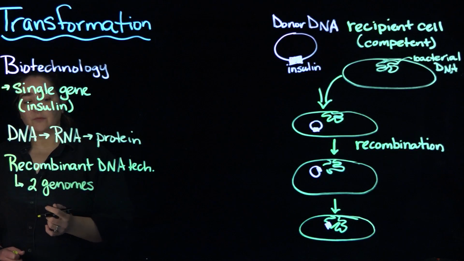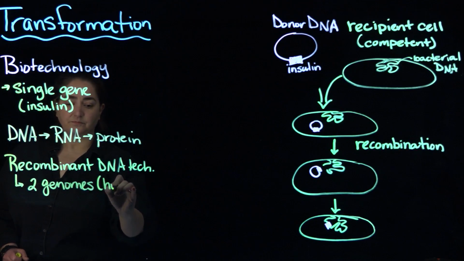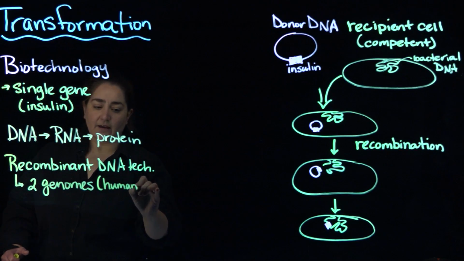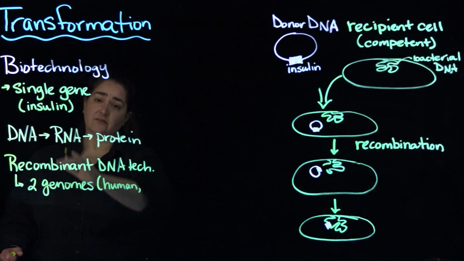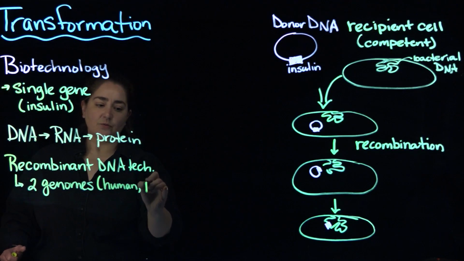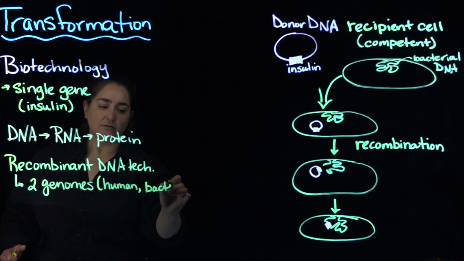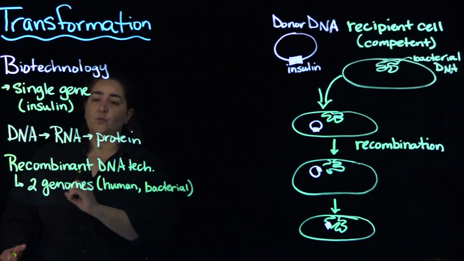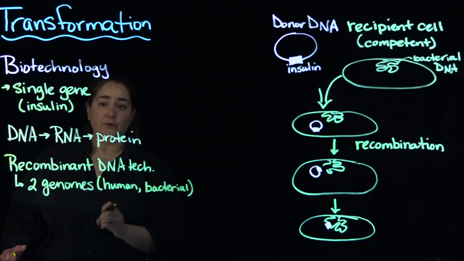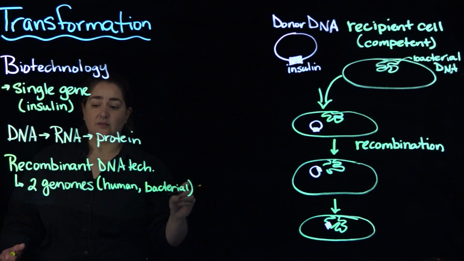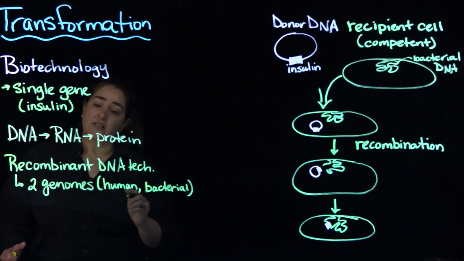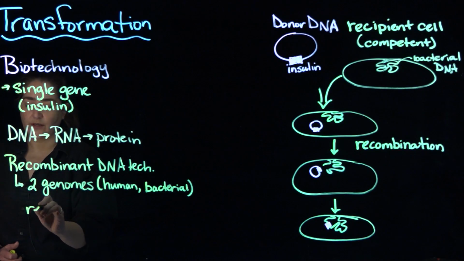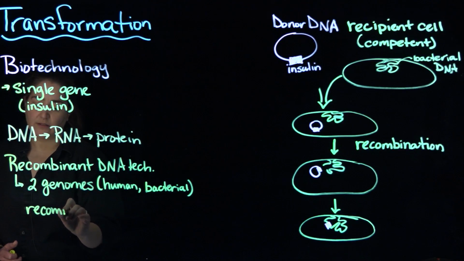In the example I'm using here, we're going to have human DNA in the case of the insulin gene, and we're going to have the bacterial genome. So when you make a protein in another organism, that protein is referred to at that point as recombinant.